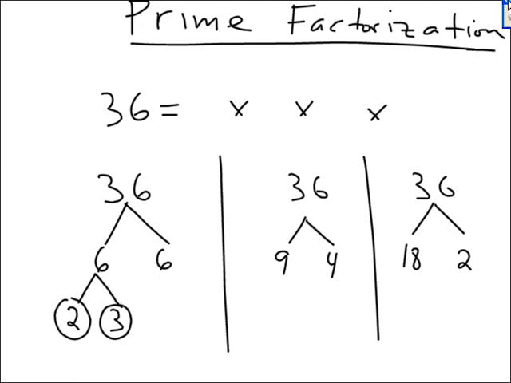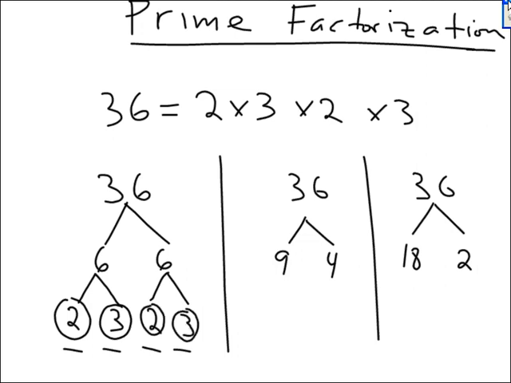So both are prime and we are done. 36 is 2 times 3 times 2 times 3. The order you write those four numbers in is up to you.